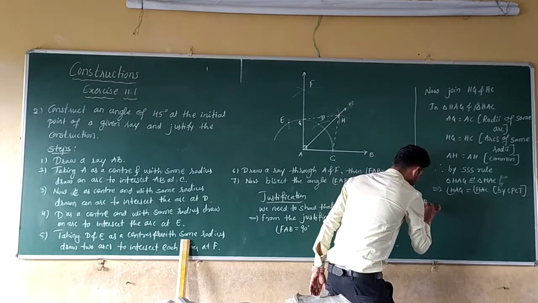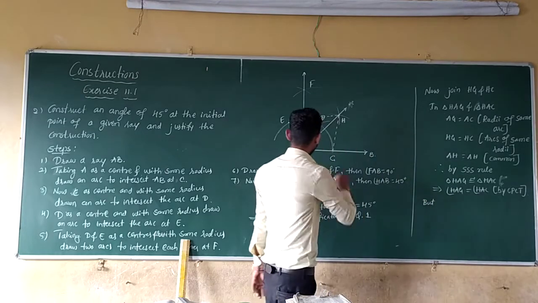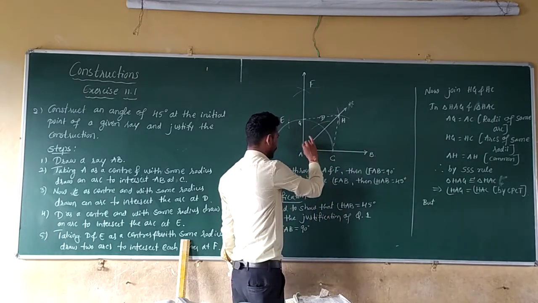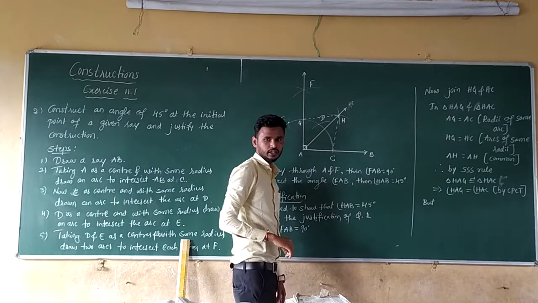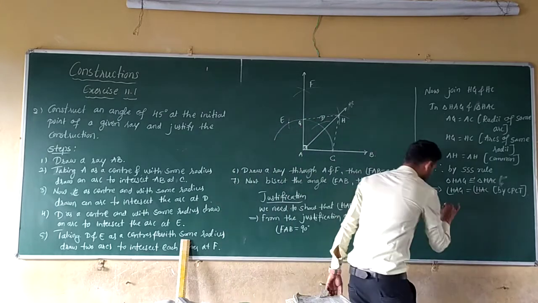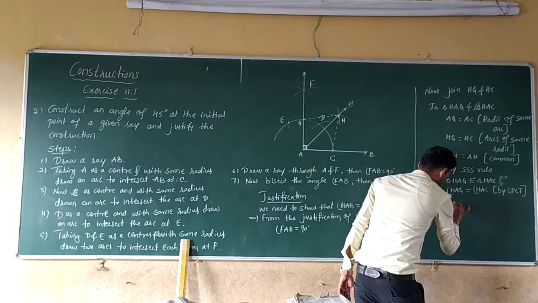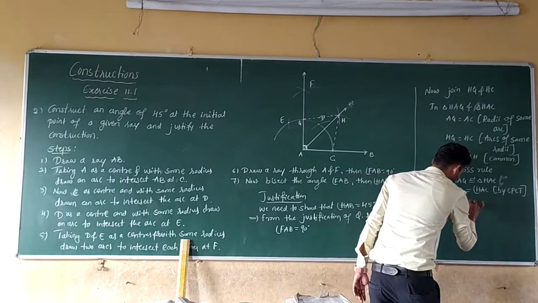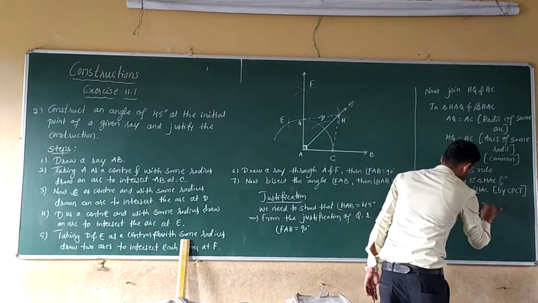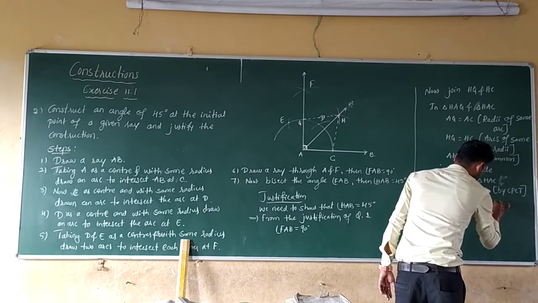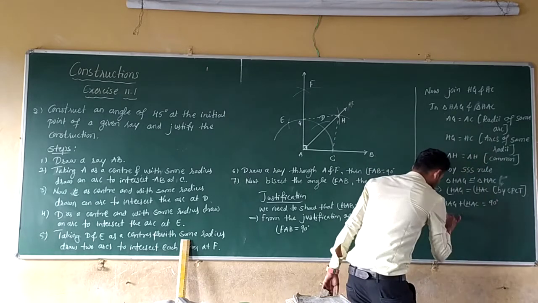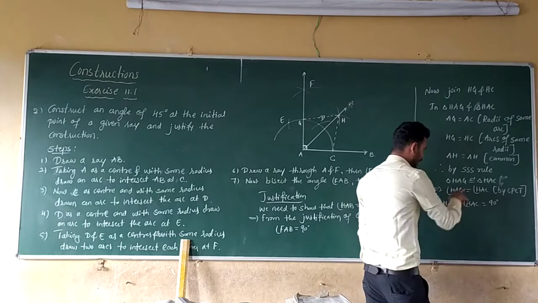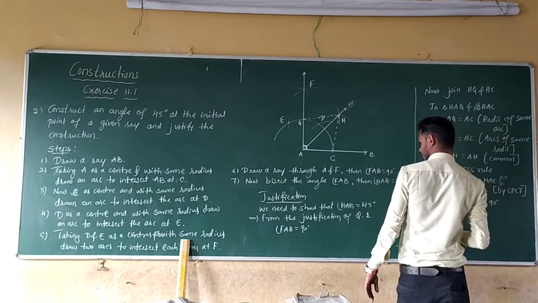You know that. So what can we write now? Angle HAG and angle HAC are both equal. So this implies angle HAG is equal to angle HAC by CPCT, corresponding parts of congruent triangles. But the total angle, the sum of these two angles, is 90 degrees. So angle HAG plus angle HAC is equal to 90 degrees. So instead of HAG, I will write HAC.